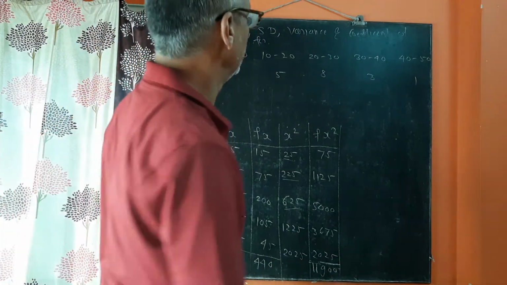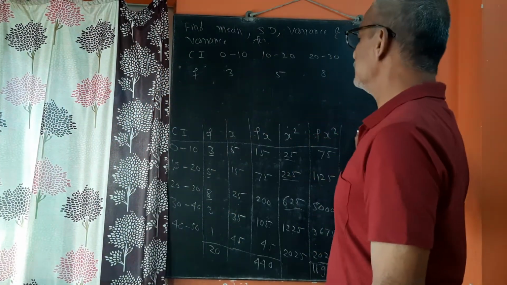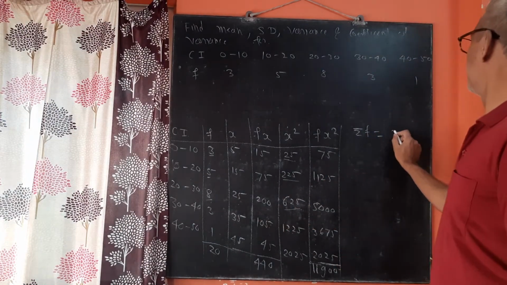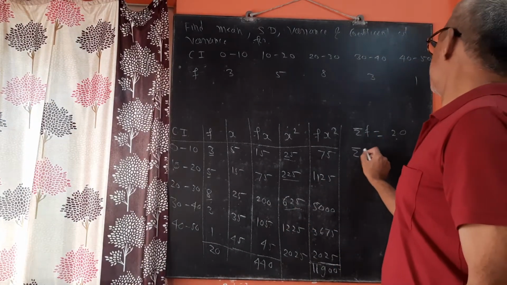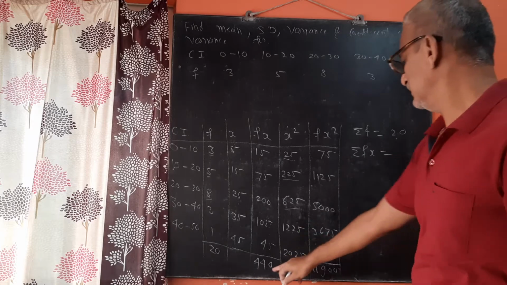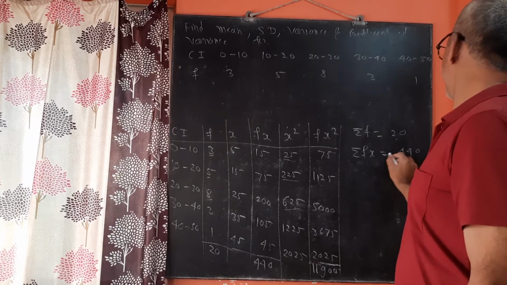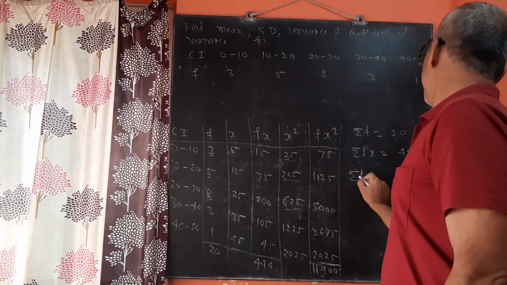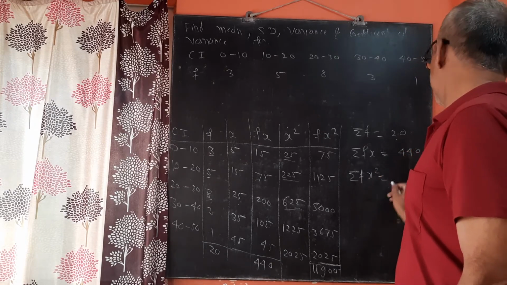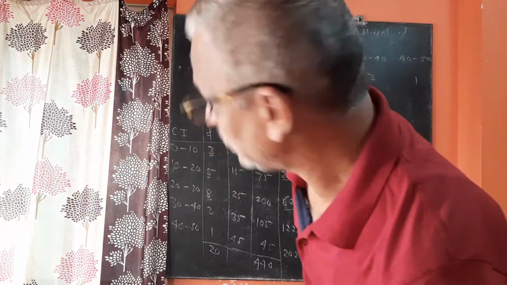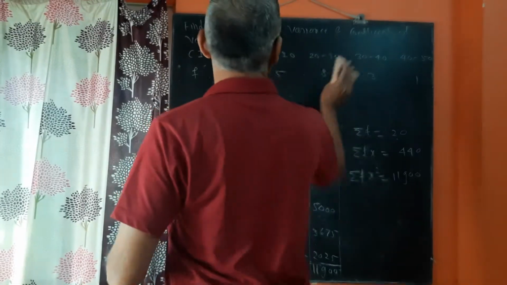So here we have summation of f equals 20, summation of fx is 440, and summation of f x square equals 11,900.